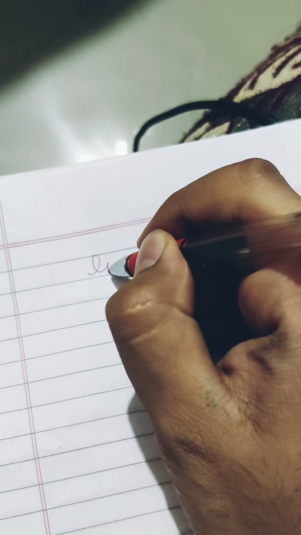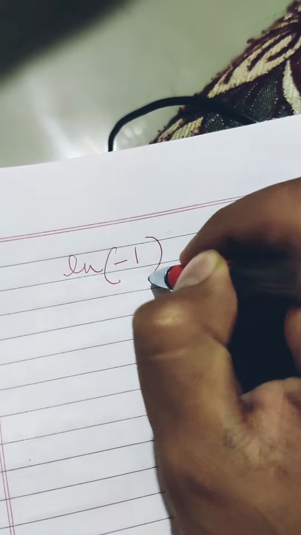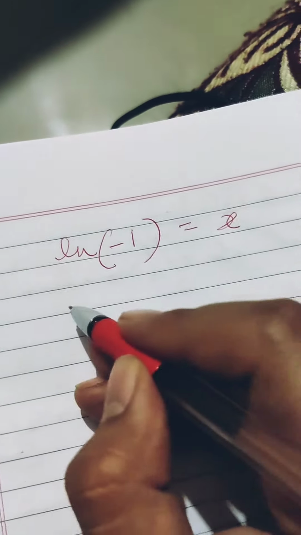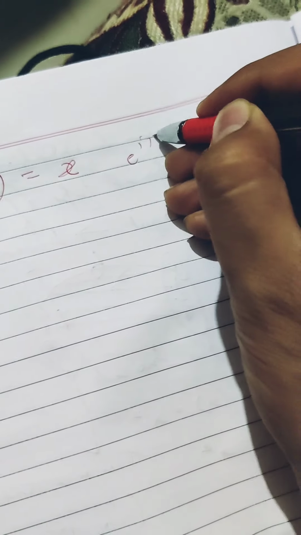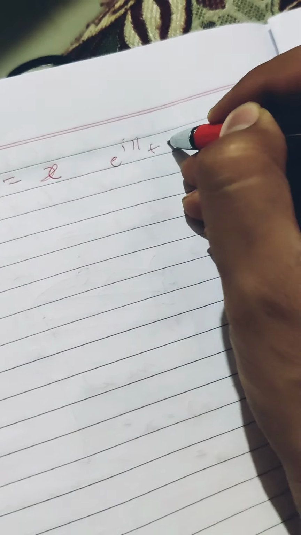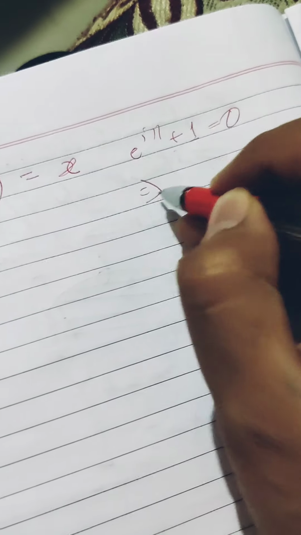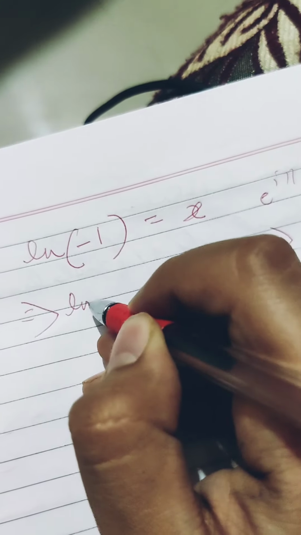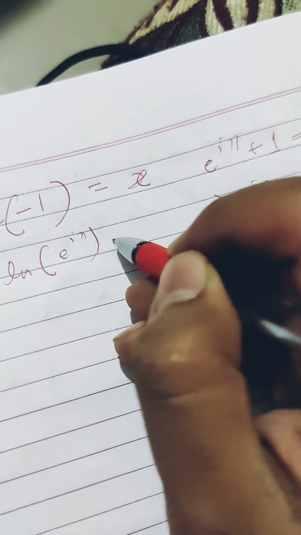We have, let's say, ln, which is basically the natural log, of -1, and let's take it as x. Now we know that from Euler's identity, which I wrote on the previous page, we have -1 equal to e to the power i pi. So you can write this as ln of e to the power i pi is equal to x.